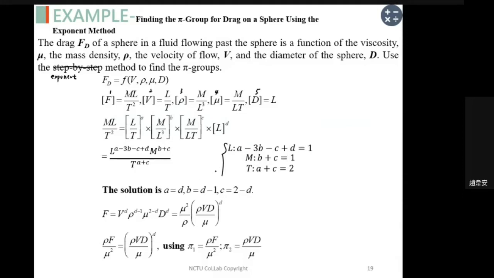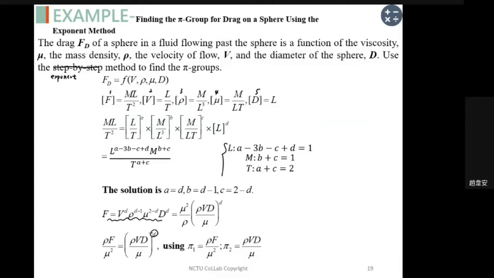We solve these equations, and then we know that A is equal to D, B is equal to D minus 1, and C is equal to 2 minus D. Then we put the coefficients A, B, C back into the equation shown here, rearrange the power coefficients, and finally we know that rho F divided by mu squared is equal to rho V D divided by mu, raised to the power D.